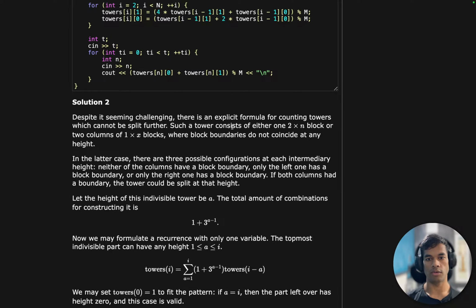Such a tower consists of either 2 by n blocks or 2 1 by x blocks.